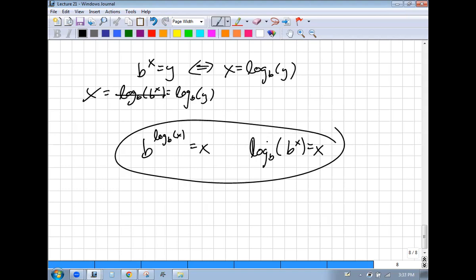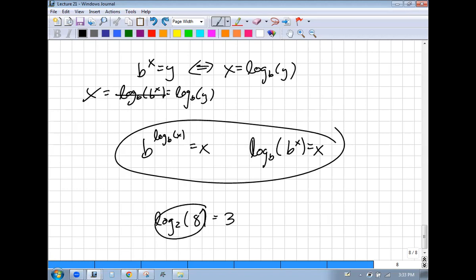So even though logarithmic functions are inverses of exponential functions, x here is the exponent, and the exponent is the log. So logs are exponents, is what they are. Right? That's why you could say log base 2 of 8 is 3, because 3 is the exponent you have to raise 2 to in order to get 8.